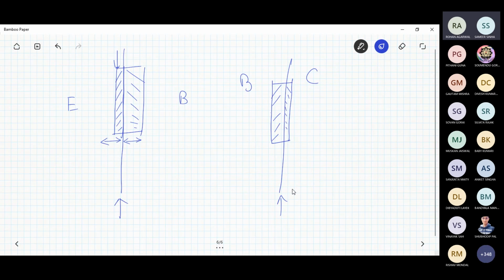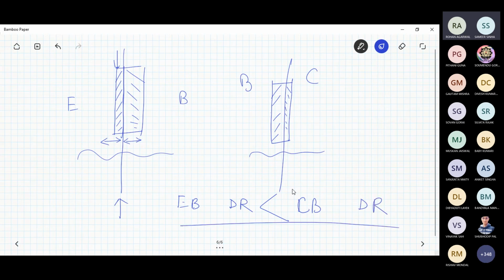Okay, and out of this emitter to base and collector to base, which one will have more depletion layer width? Because at the emitter base junction, emitter is highly doped. Can I say the emitter base depletion region is less than the collector to base depletion region?